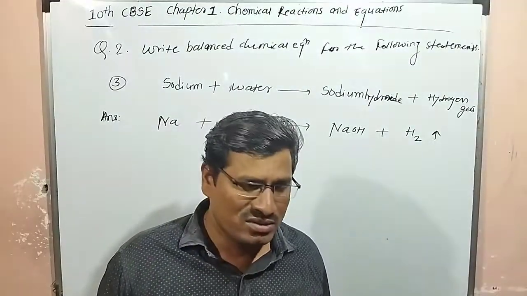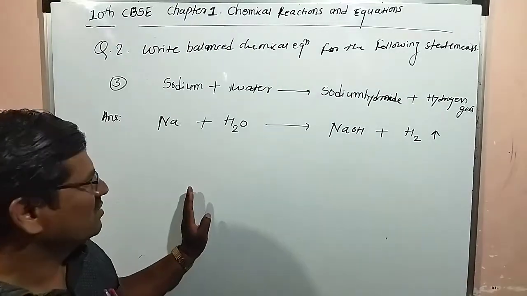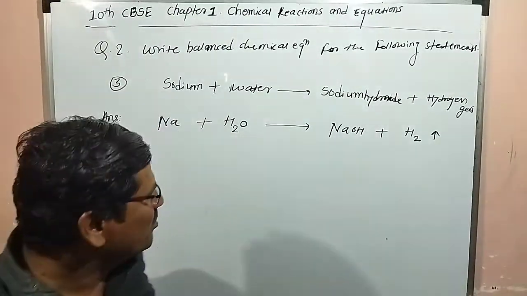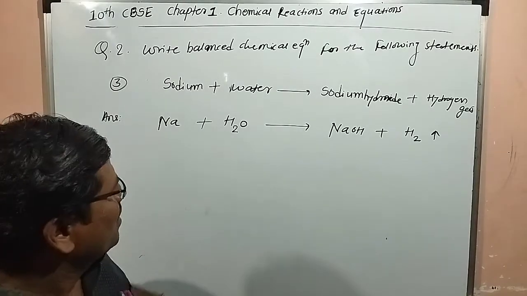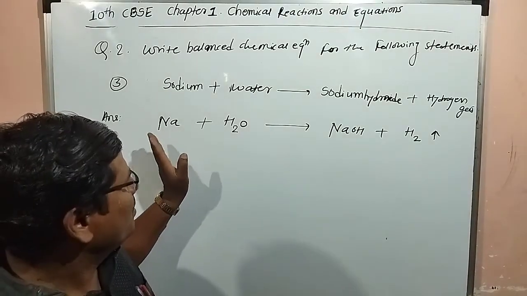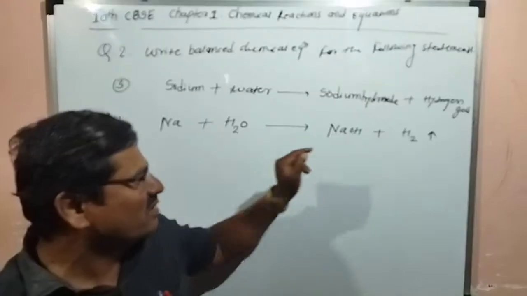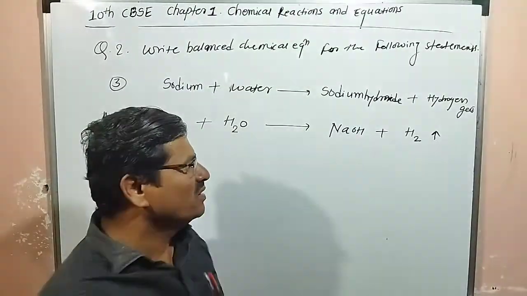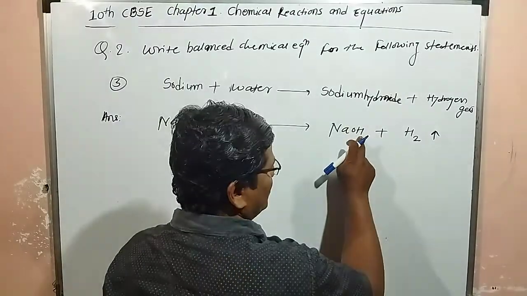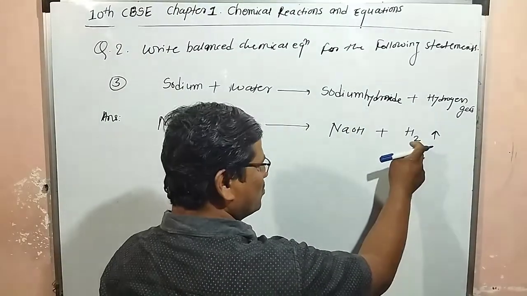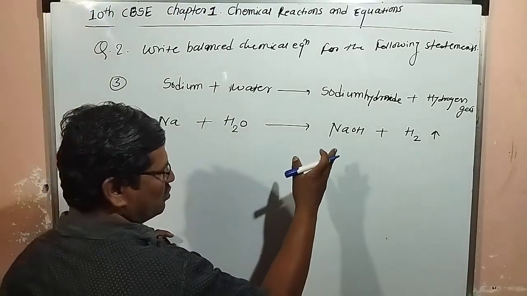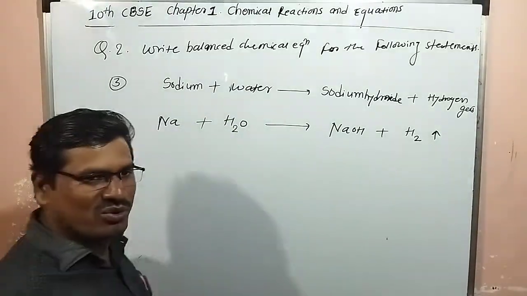If you see, Na is one here and also one here. Hydrogen on the left is two, and on the right, this one and this two, it becomes three.